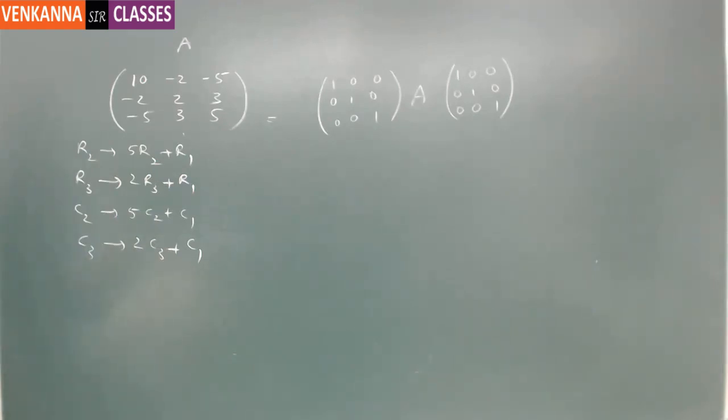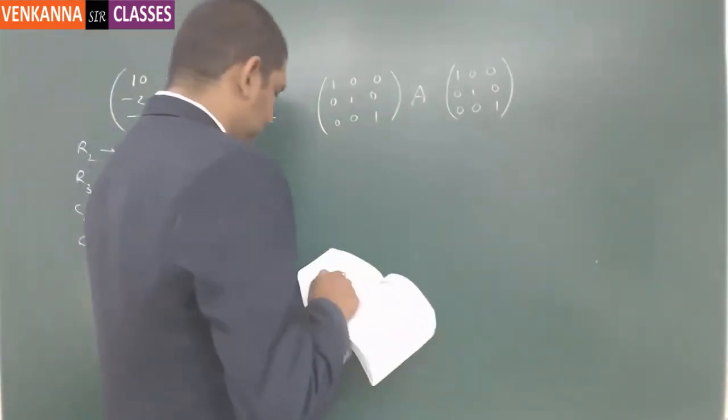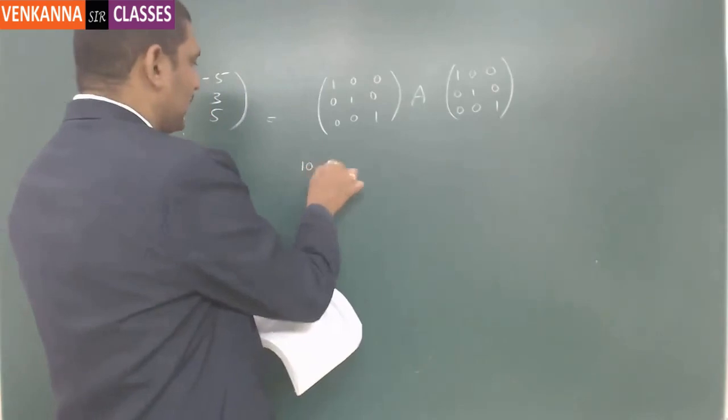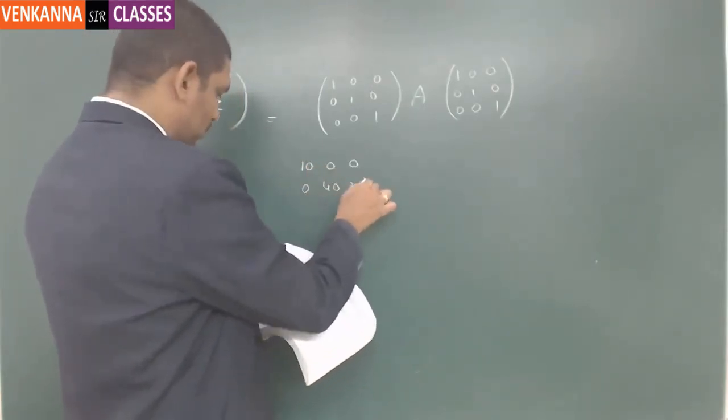Accepted? Any doubts? Fine. So I am doing that respective transformation. So I think it will come as 10 0 0, 0 40 20.